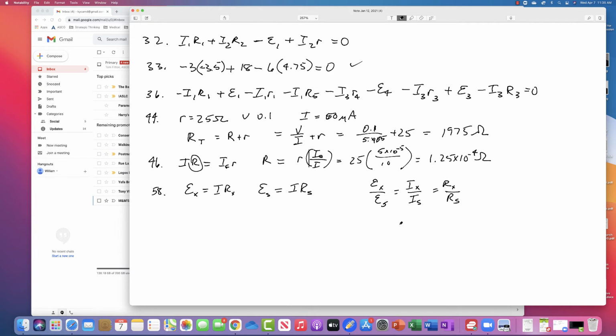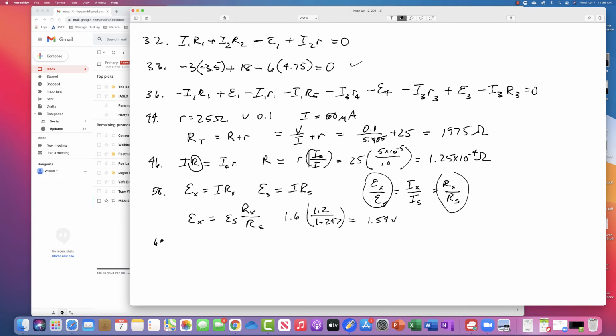Therefore, solving for Ex, Ex is going to equal Es times Rx over Rs. Then you put the numbers in: 1.6, Rx was 1.2, and Rs was 1.247. And so that gives you 1.54 volts.